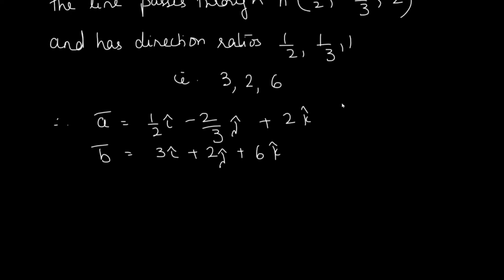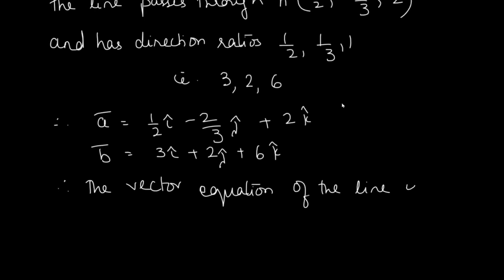And therefore the vector equation of the line is given by r is equal to a plus lambda b, in this form.